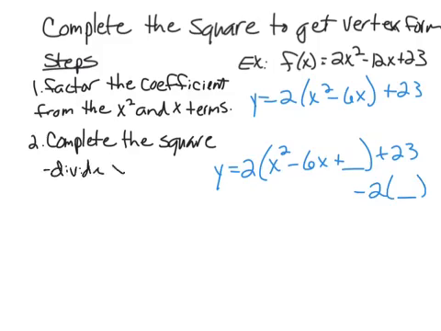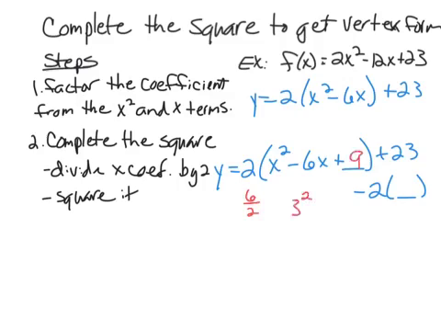So you divide the x coefficient by 2, and then you square it. And that's what's going to go in the blank. So my x coefficient is 6. We ignore the sign right now. So 6 divided by 2 is 3, and 3 squared is 9. That's what's going in there.